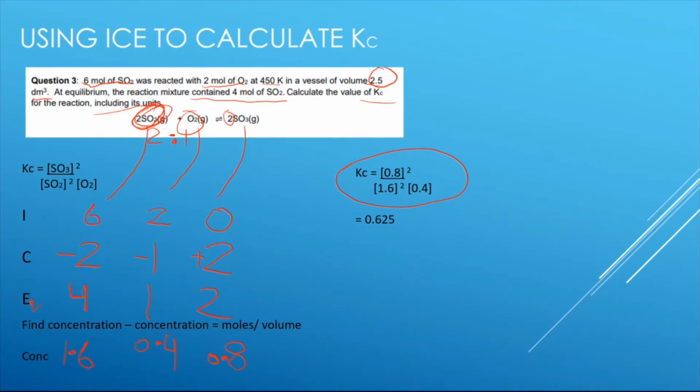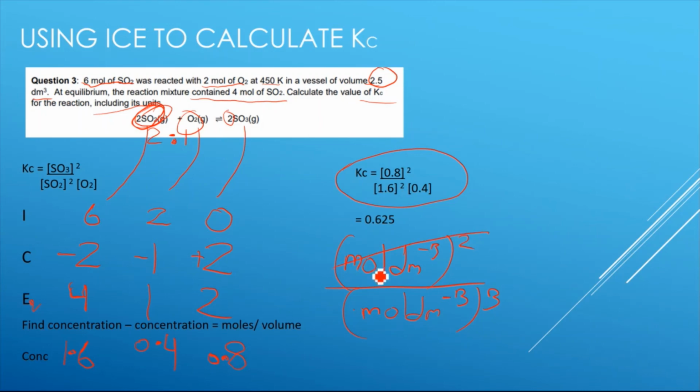And we've also been asked to work out the units, so the question isn't complete yet. So we know that there's 2 moles of the product, so we can just write moles per decimeter cubed, squared. And then we know 2 plus 1, there's 3 moles of the reactant, so we can write moles per decimeter cubed, and the whole thing's cubed.